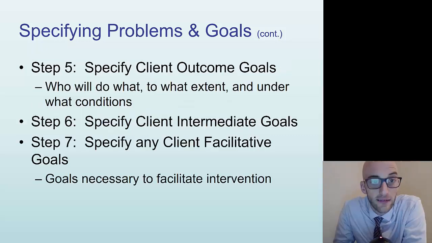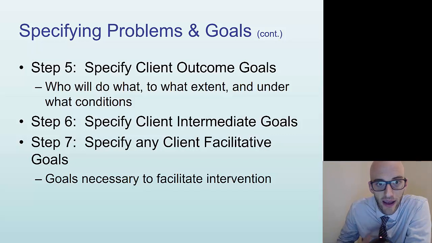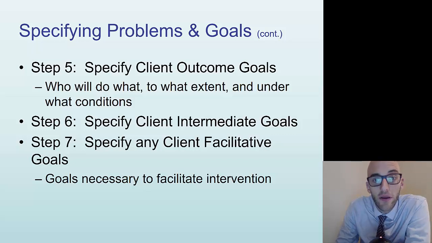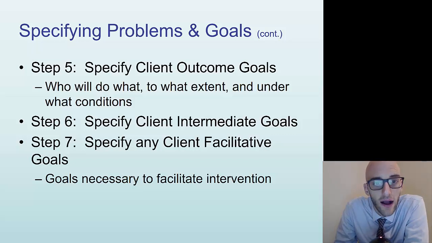So step 5 in specifying client outcomes is how will you do it, to what extent, and under what conditions. So specifying which outcomes and intermediate goals. Let's say you're going to be operationally defining the number of cigarettes smoked per day. You might want to come up with an intermediate goal of decreasing cigarettes smoked by 50% from your baseline average, or maybe 75% from the baseline average.